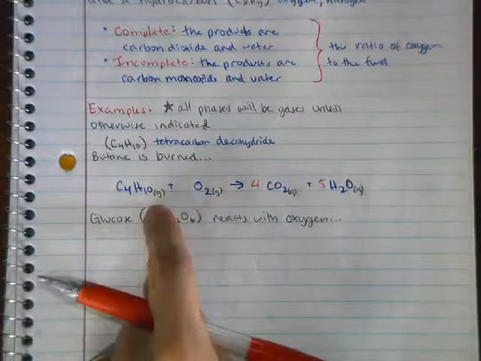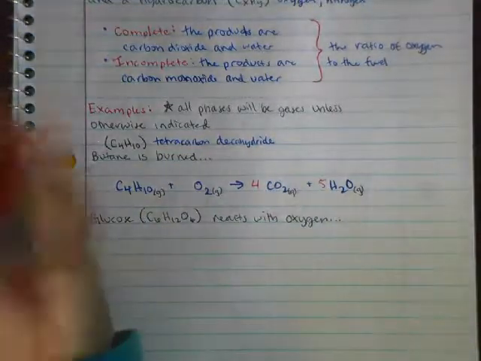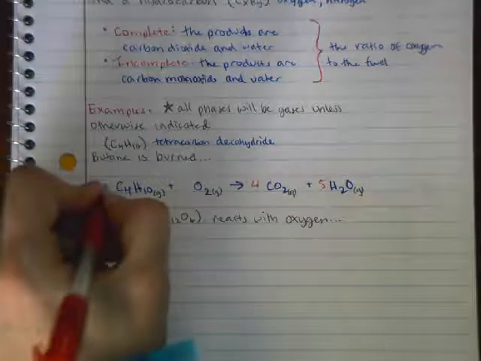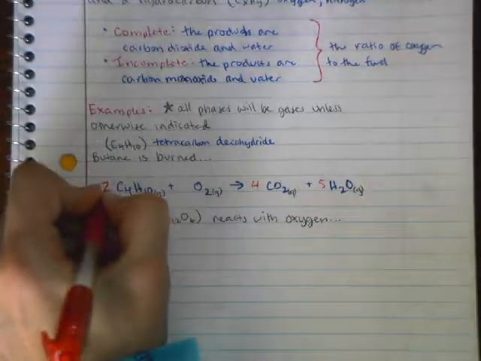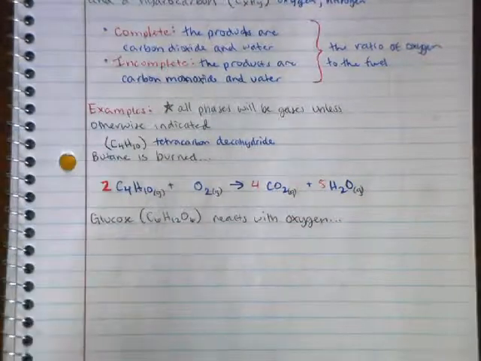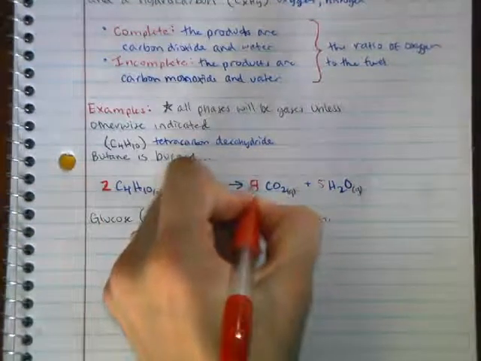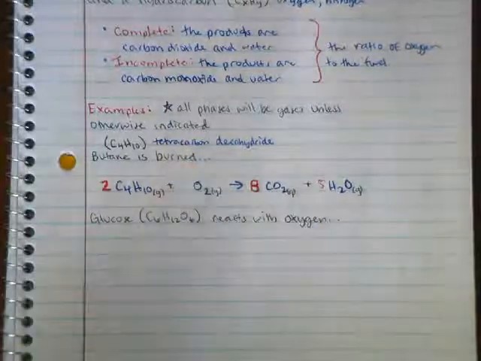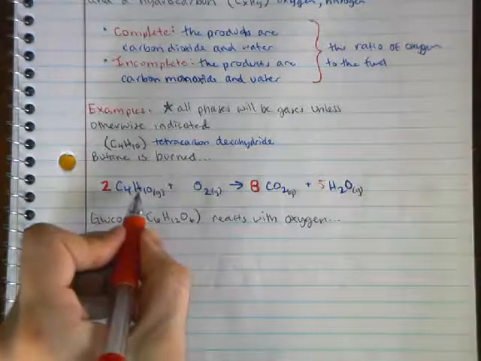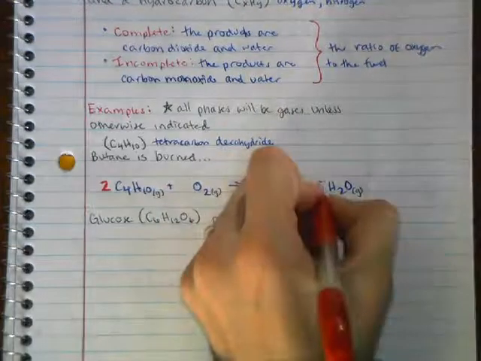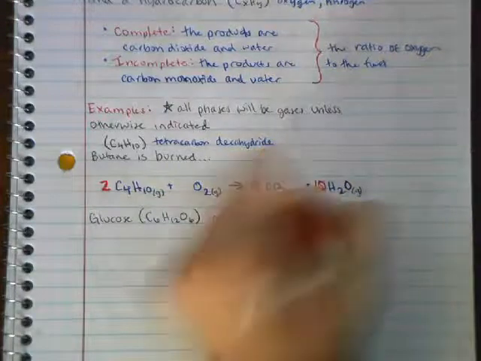When this happens, and we talked about this in that first video, this is one of those instances where we have to go back and double the fuel. So I'm just going to put a 2 here. That's going to scale up the reaction. So now I've got 8 carbons. I was trying to be sneaky and write that light. It didn't really work. And now I have 20 hydrogens, so I need 10 water molecules to compensate for that.